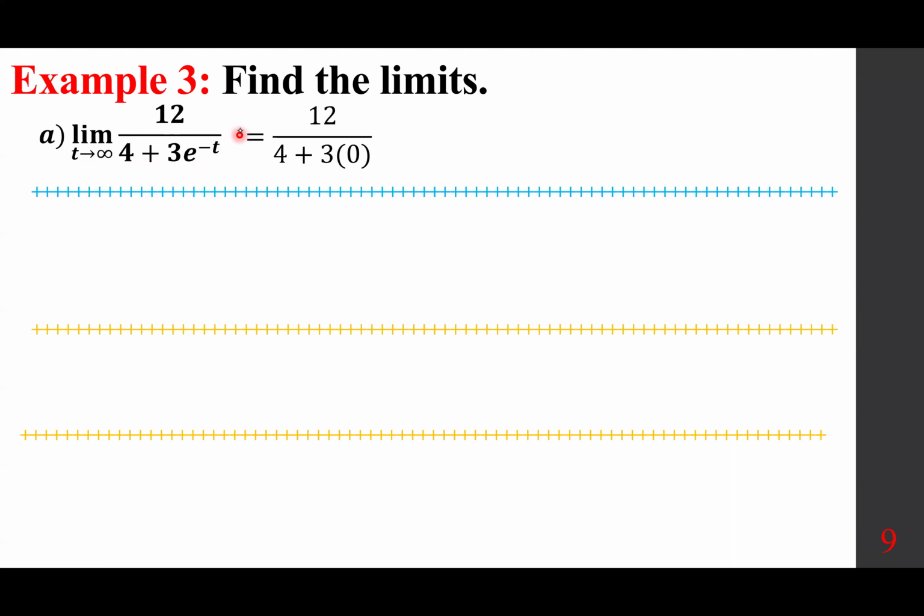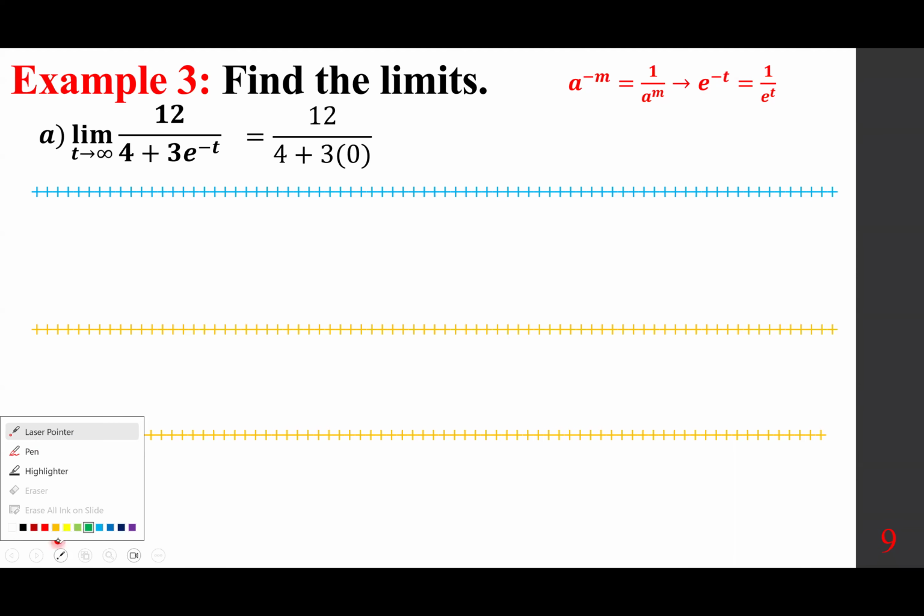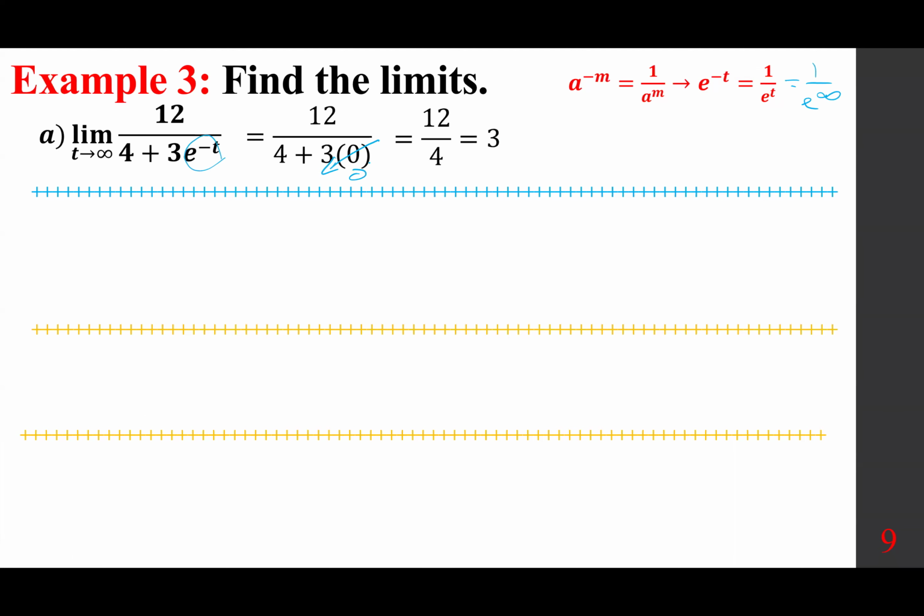Why is that? a to the power of minus m is 1 over a to the power of m. e to the power of minus t is 1 over e to the power of t. So this part is 1 over e to the power of infinity, which is 1 over infinity, which is 0. So this is 0. 12 over 4 equals 3 is the final answer.